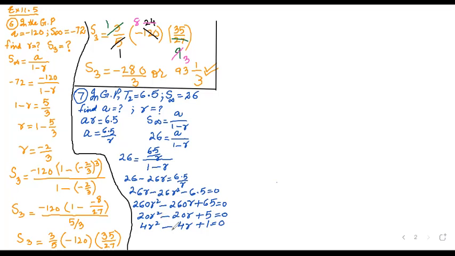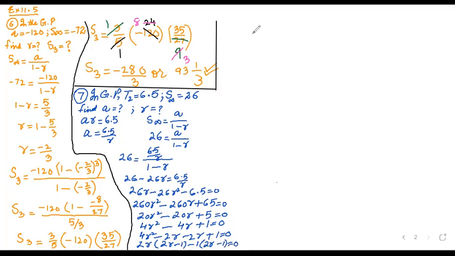So now factorizing this equation, we get 4R square minus 2R minus 2R plus 1 equal to 0. So taking 2R as common, this will become 2R minus 1, and then minus 1 common. So the remainder in the bracket is 2R minus 1.